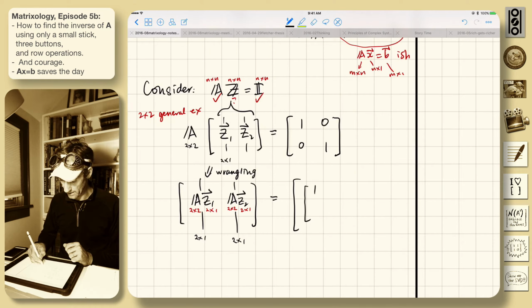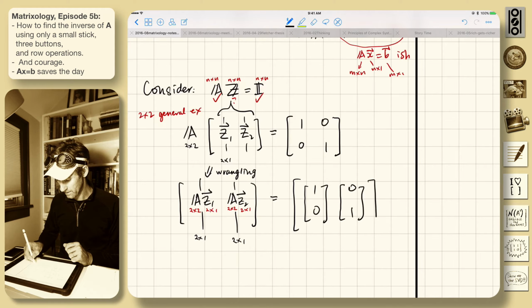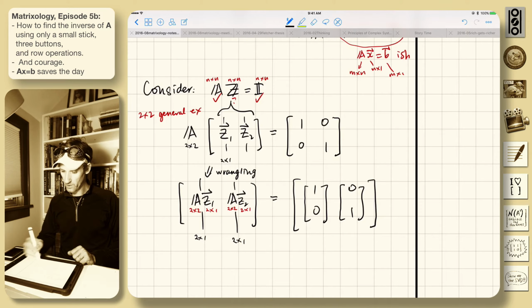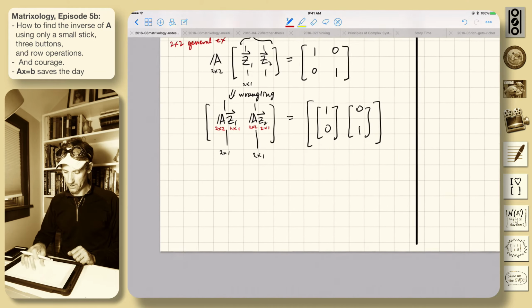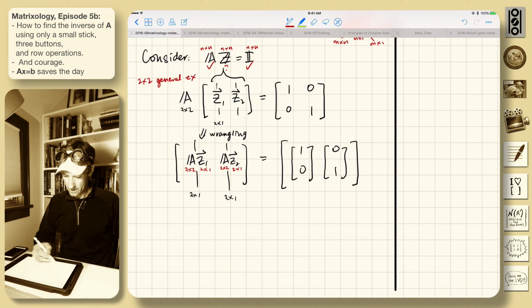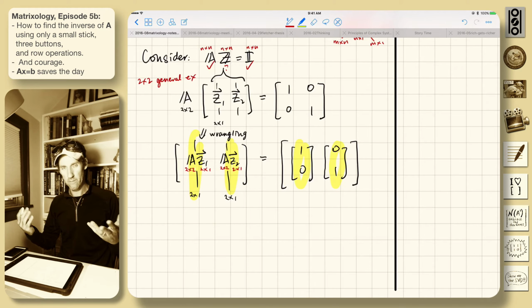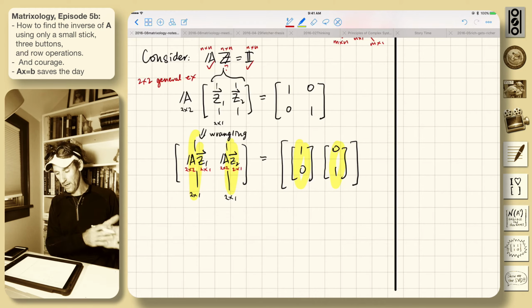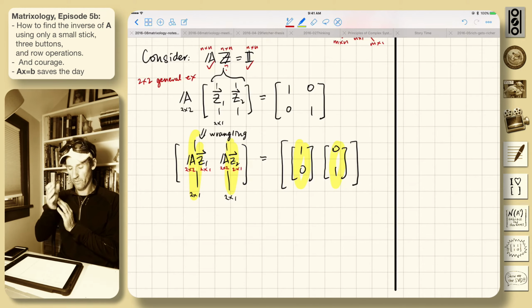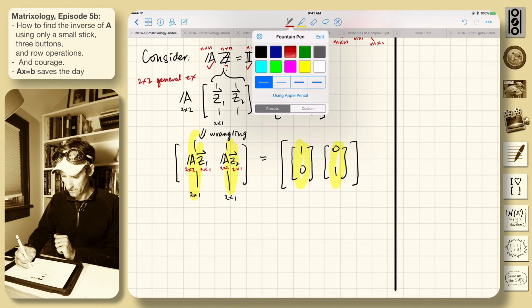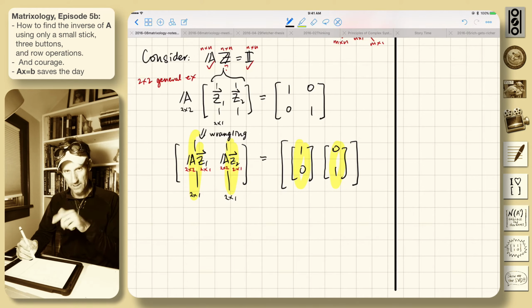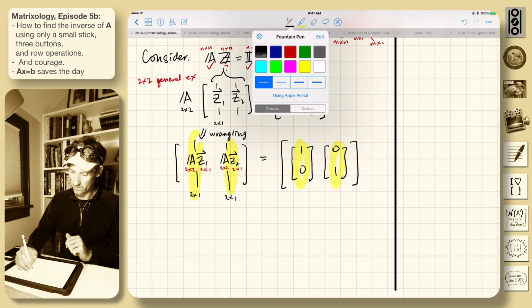So let's identify the vectors inside of this. This equal sign is an important thing. We can see there are two equations here: the first column equals this column, and the second column equals this second column. You can see how this would generalize: if we had Z1 through Zn, we'd have all of these columns of the identity matrix equaling A times Z1, A times Z2, A times Z3.